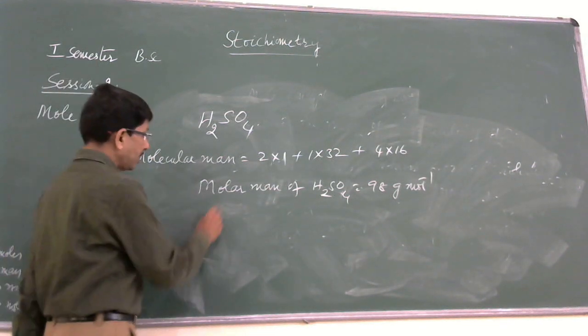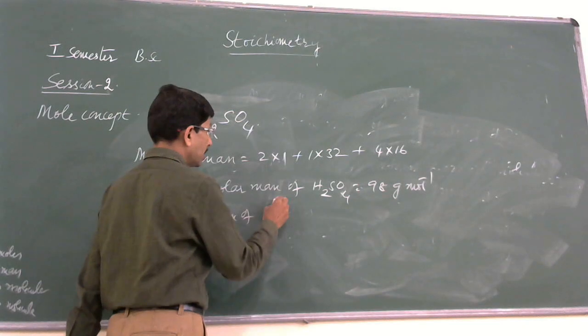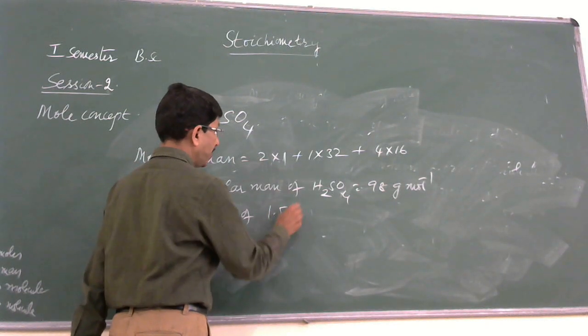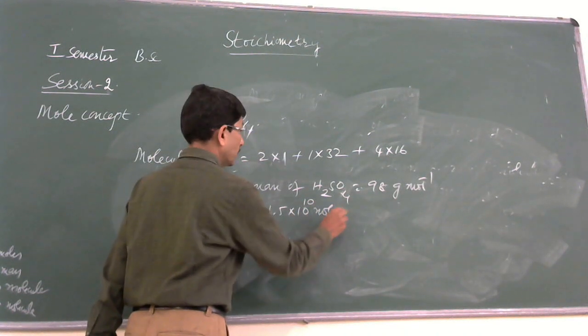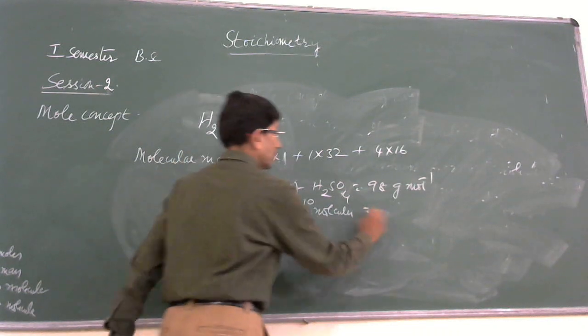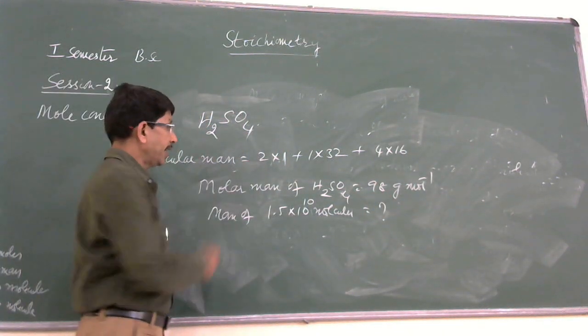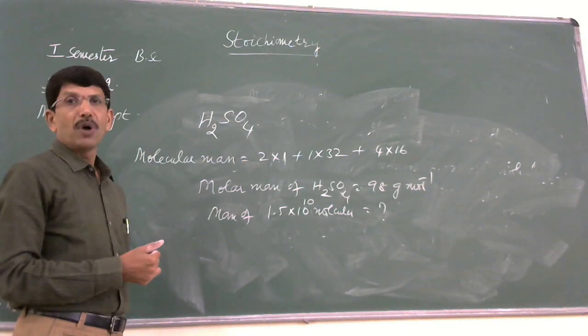Now let us see what is the mass of, say, 1.5 into 10 to the power 10 molecules. Very simple. So now we have to calculate the mass of 1.5 into 10 to the power 10 molecules.